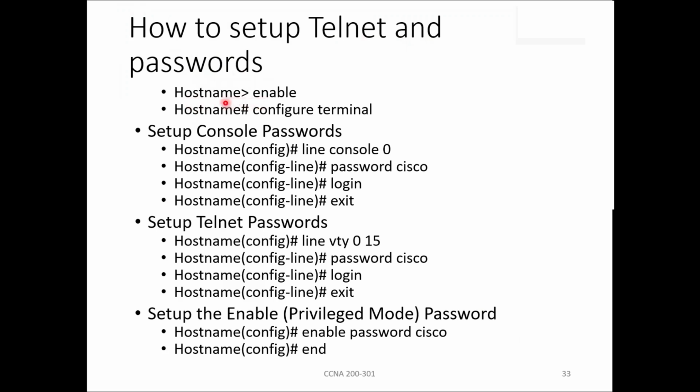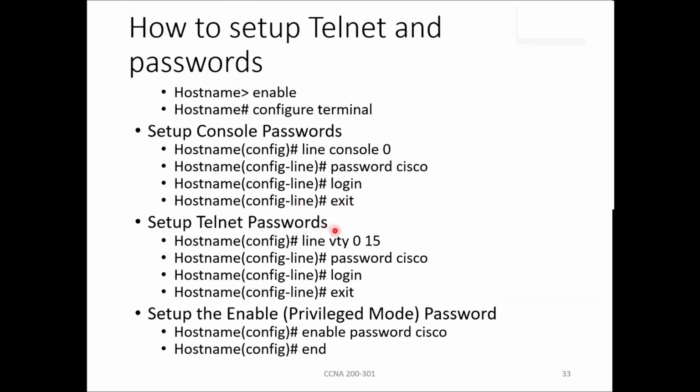Let's say we go to enable mode, hostname enable. After that, hostname configure terminal. After that, set up the console password. We can say hostname config line console 0, password Cisco, and then login, and then exit.